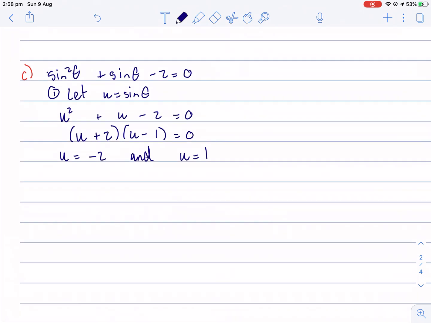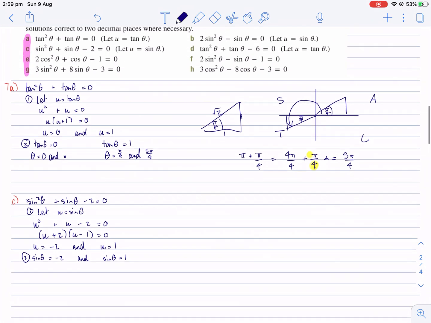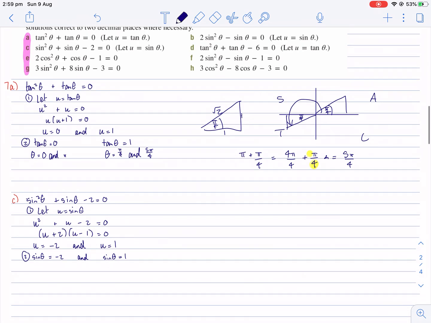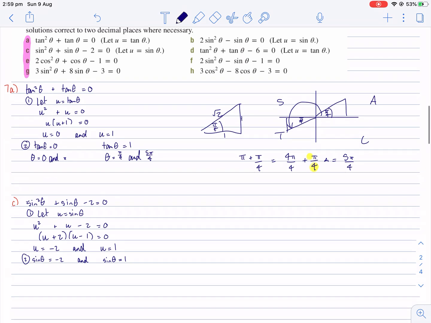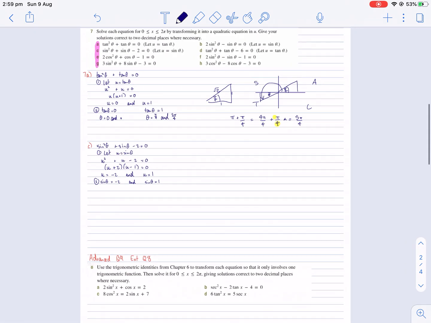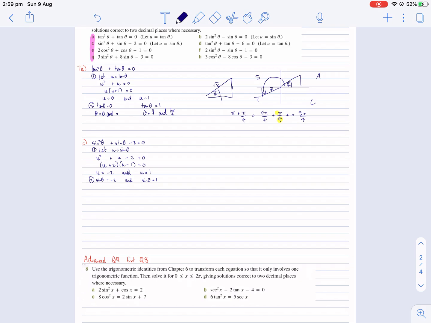Now, that means sine theta equals minus 2 and sine theta equals 1. If sine theta comes out as negative 2, wait, did I do that right? Plus sine theta, yeah, I did that right.